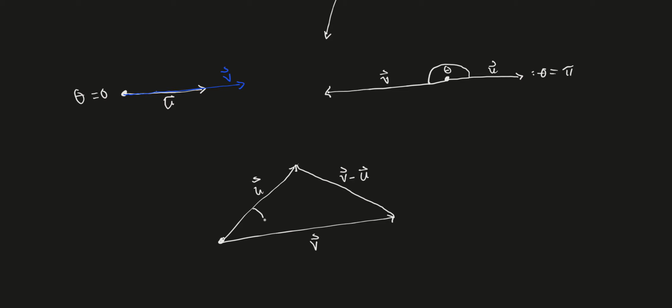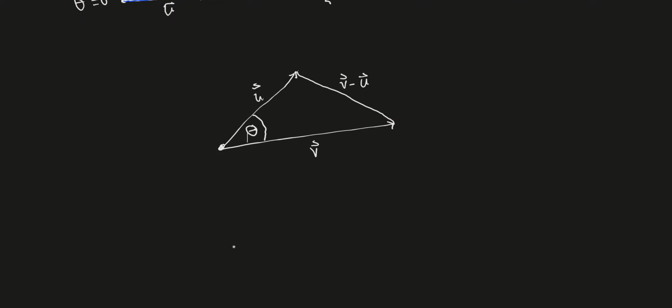And now we can talk about the angle between them, right? What we have is this triangle, and what we can actually use is the law of cosines.